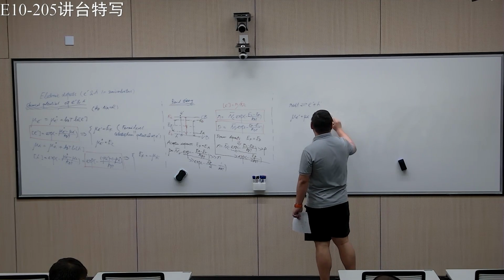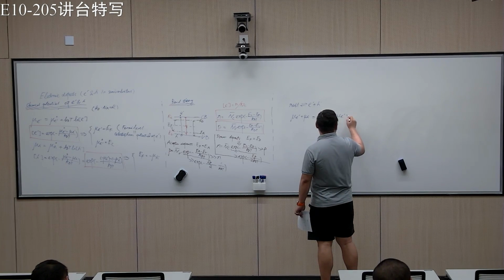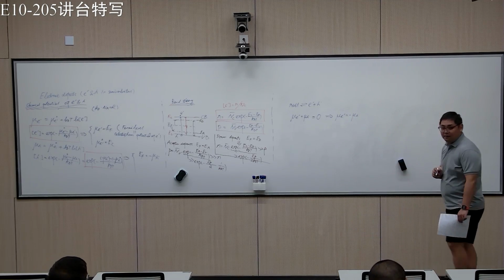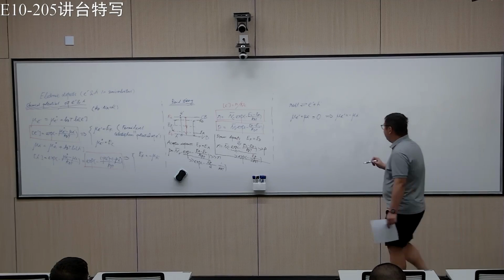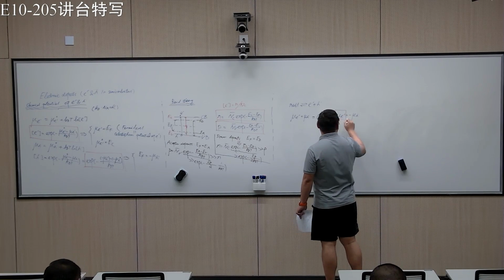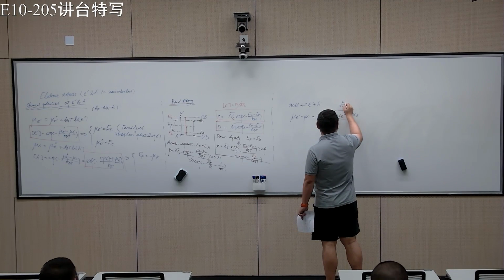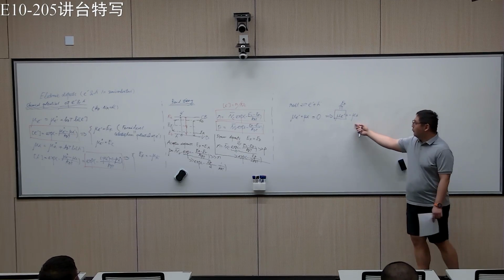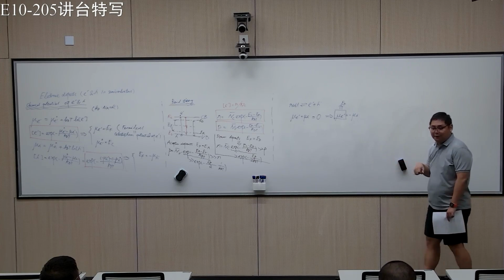If you follow this, you can easily write that this chemical potential will be the negative of this one. And we know that this is EF, the Fermi level. So apparently the Fermi level should be the negative of the chemical potential of holes.